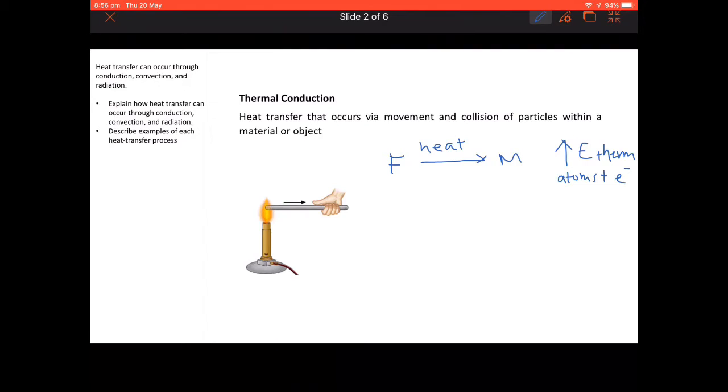Translational kinetic energy of the delocalized electrons causes them to spread out and transfer heat through the metal bar.